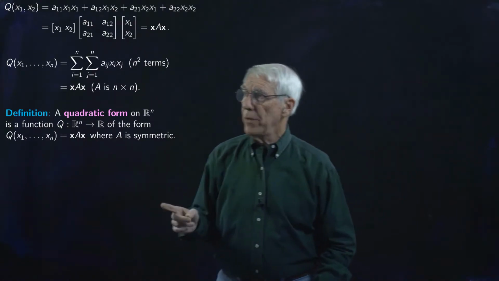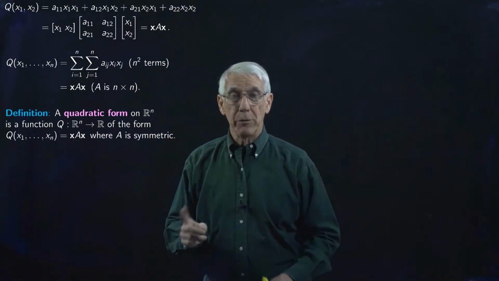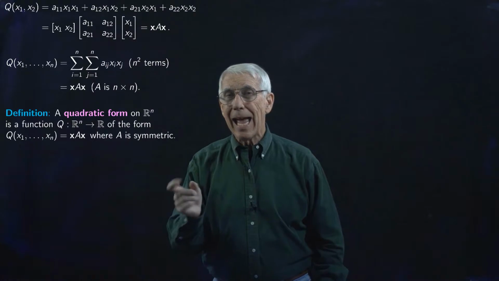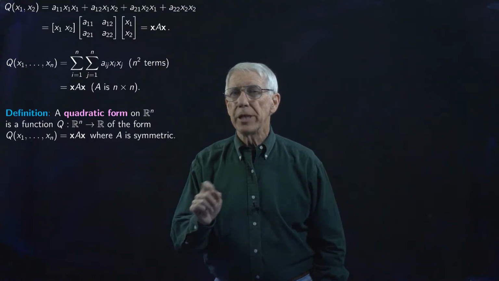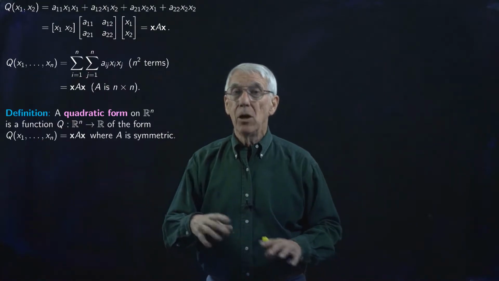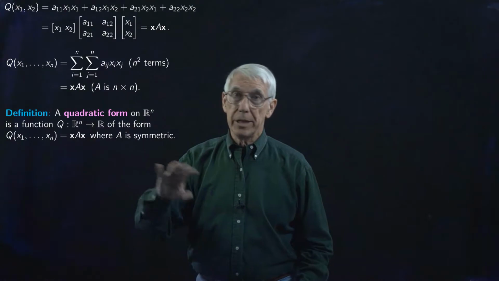I would try to find that out by figuring out what features the matrix A has to have to guarantee that the function is convex. Similarly, what features it has to have to guarantee it's concave.